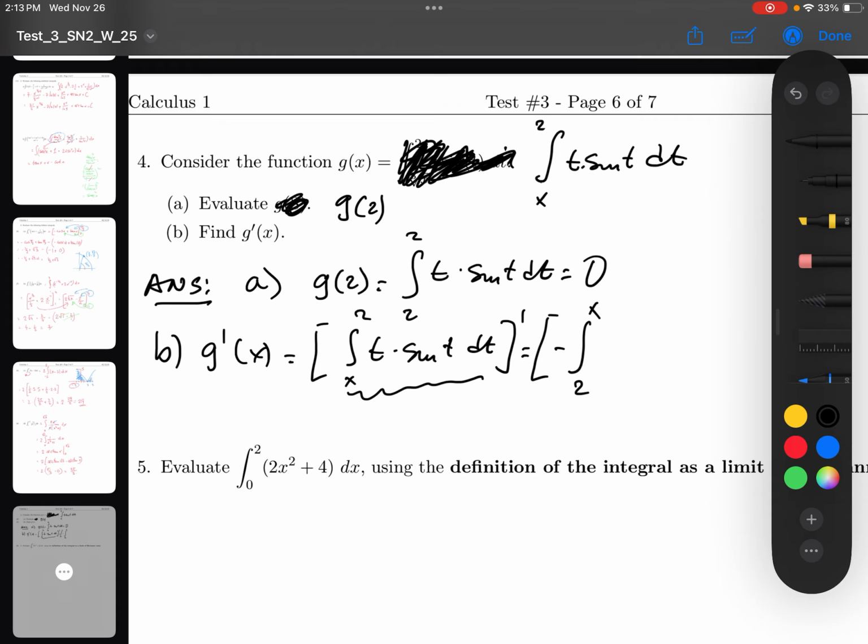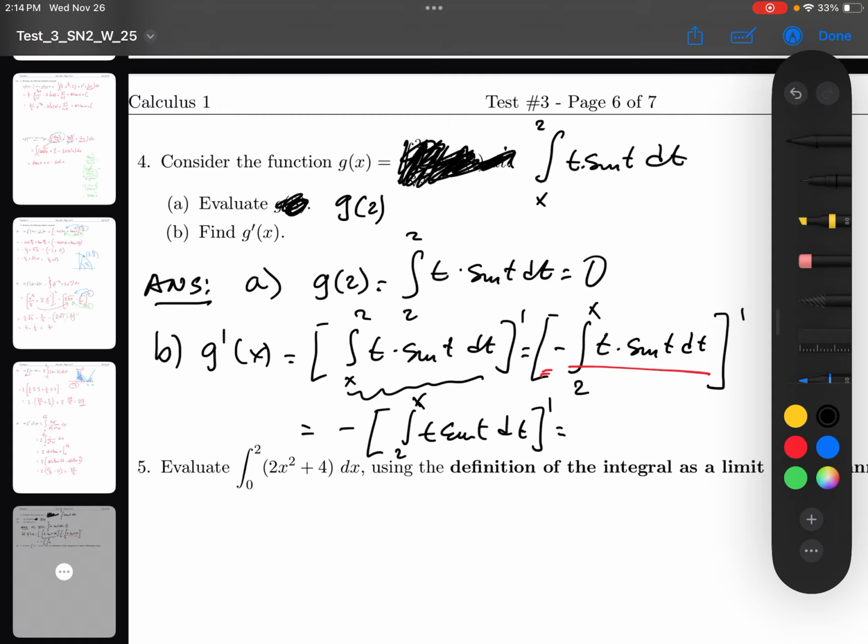I have to multiply the integral by -1, and then find the derivative of that expression. A constant right here times the function, and then finding the derivative, the constant can come outside, times the derivative of the integral from 2 to x of t times sine t dt, and by the fundamental theorem of calculus, the derivative of the integral is just the function itself, so x times sine of x. As simple as that.